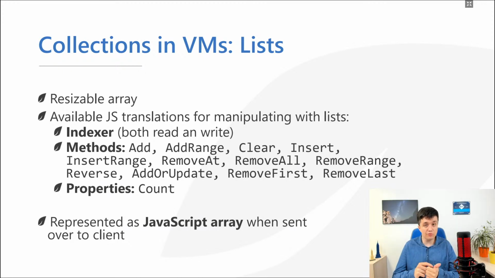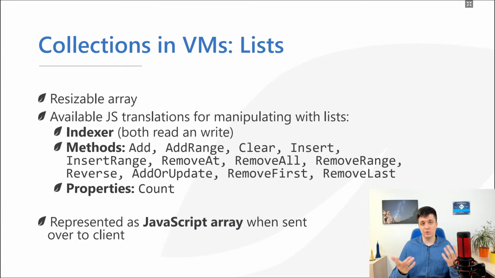You can remove an element at a specific index, or you can remove even all elements that are matching a specific predicate. And of course, methods such as RemoveRange, Reverse the list, and even some extensions of our own that we introduced, such as AddOrUpdate, RemoveFirst and RemoveLast, all of which take lambda expressions as parameters, so you can describe some more complex operations on lists.